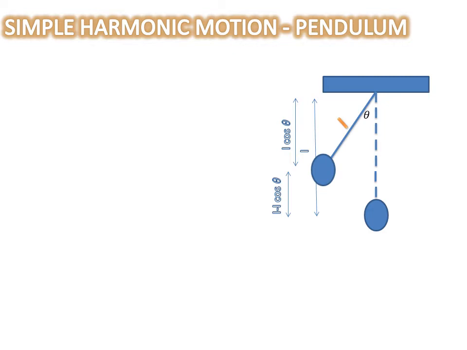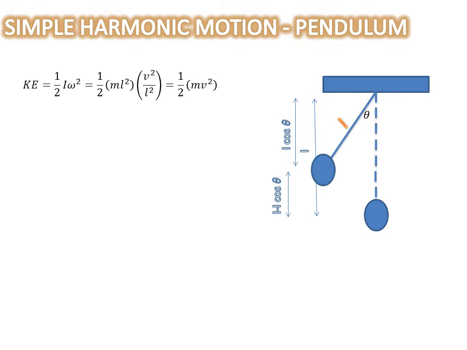Now, the kinetic energy of the ball is half I omega squared, where I is the inertia of the ball, which is equal to m l squared, and omega is v over L. Omega is the angular velocity of the ball.